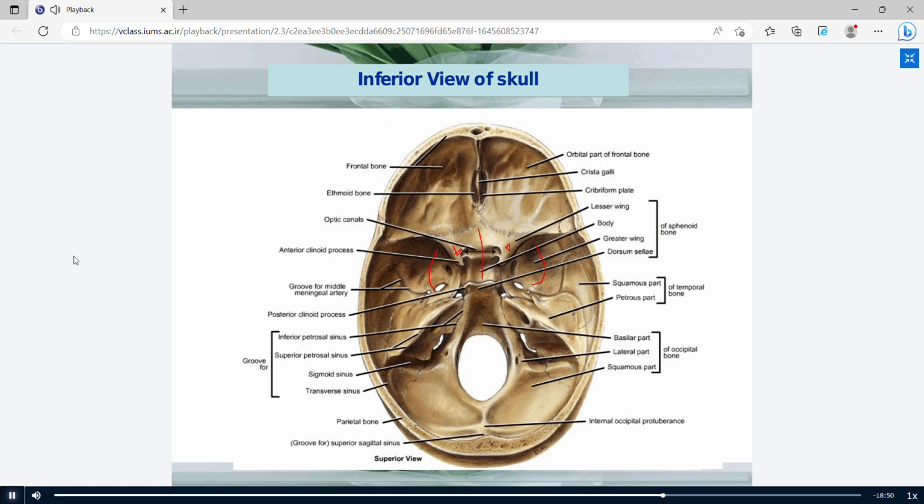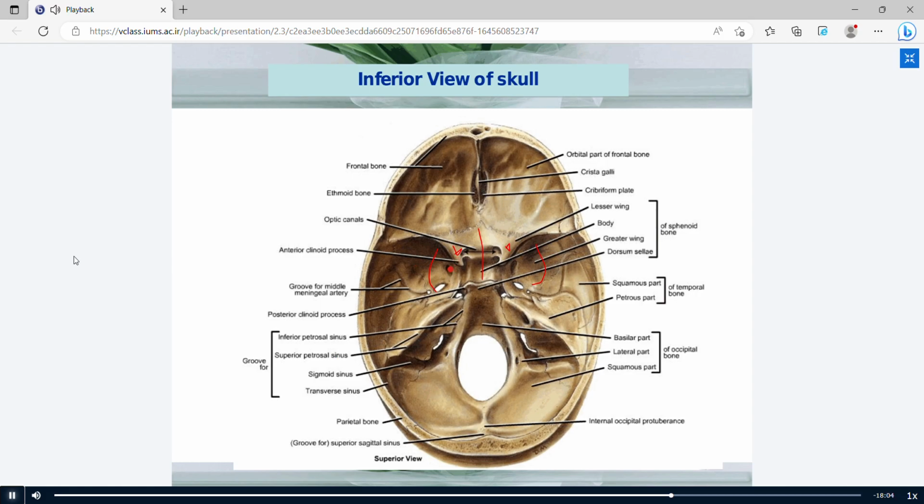Please answer this question. On the internal surface or base of the skull, can you see the pterygoid process in this picture? Several students answered yes.